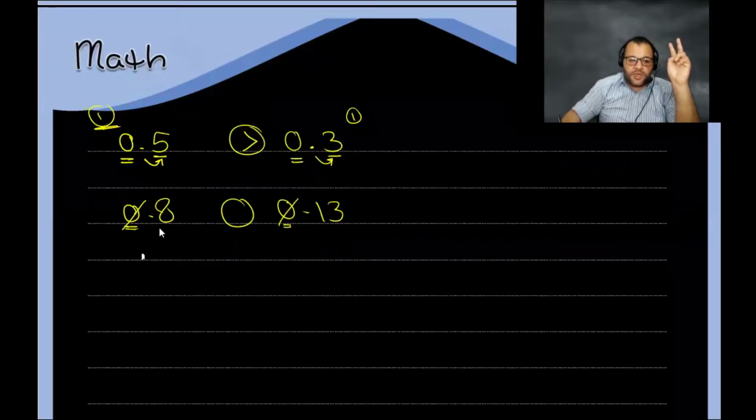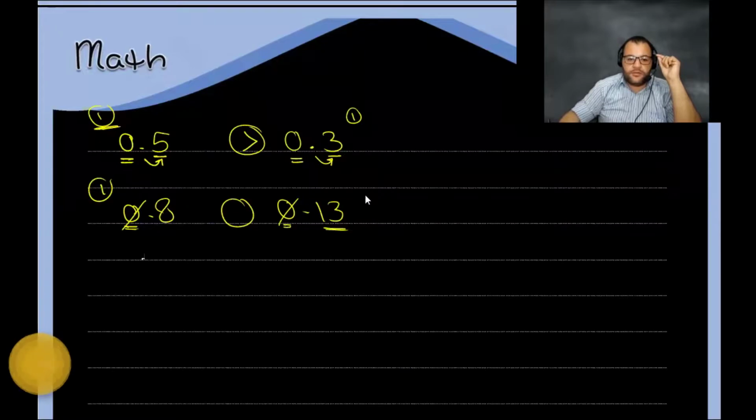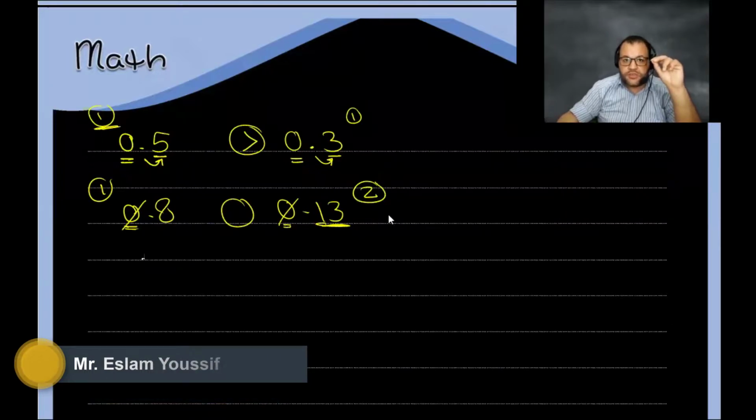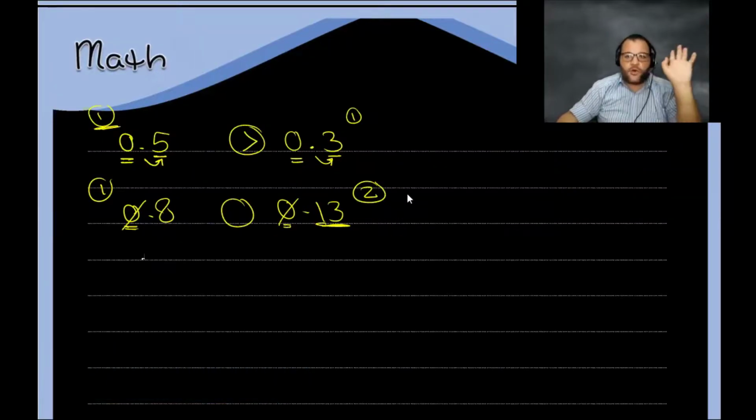How many digits at the right of the decimal? The first number has 1 digit and the second has 2. They don't have the same number of digits. You can't compare.